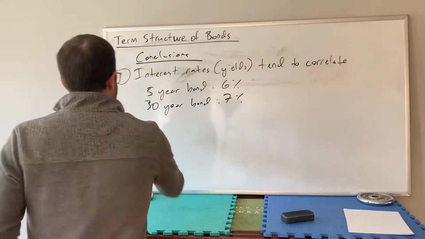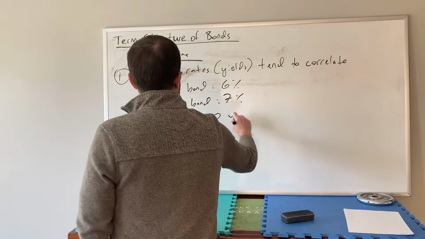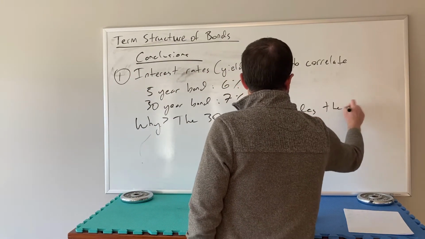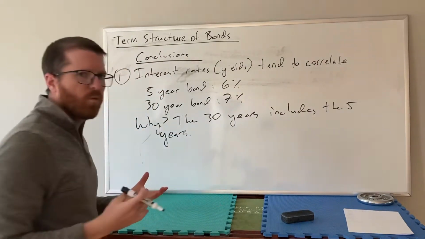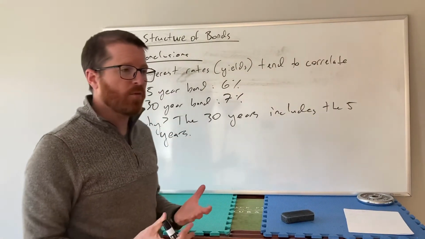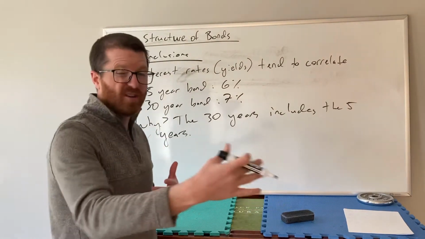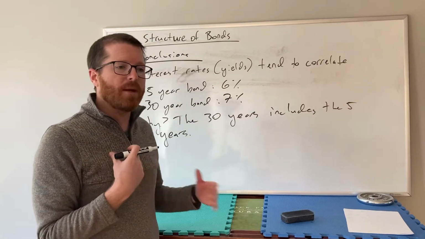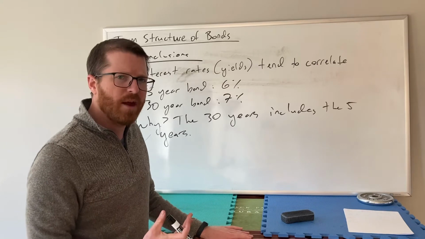And the reason for that is pretty simple, and that is that the 30 years includes the 5 years. If you think about why you're willing to buy a bond or why you would be considering selling a bond, you're going to be forward-looking in that thought process. For me, for example, if I'm thinking about buying a bond, what I'm really trying to do is save money, right?